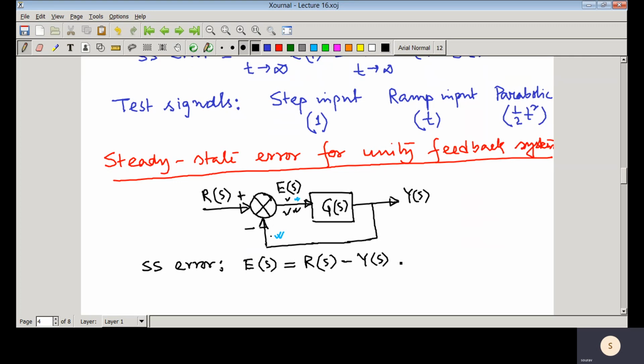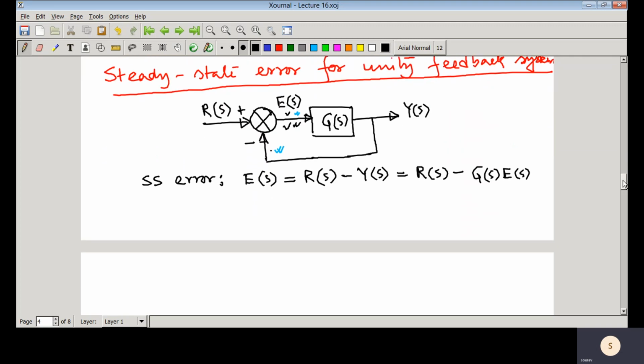So then we can just write that R(s) minus Y(s) equal to G(s) into E(s), and if we simplify it, we will get that E(s), that steady state error signal, that is R(s) divided by 1 plus G(s).